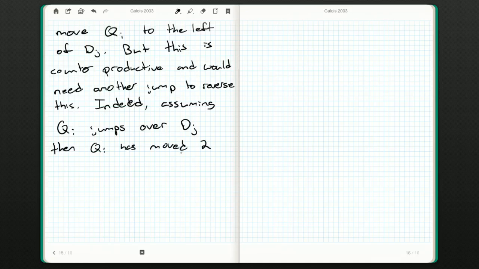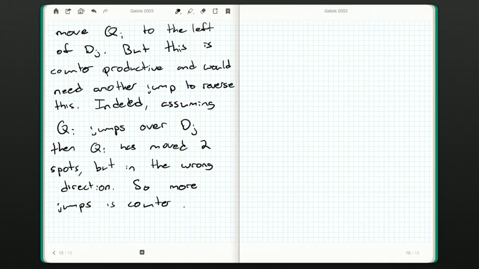Well, then he's definitely moved 2 spots, but in the wrong direction. So more jumps does not help.